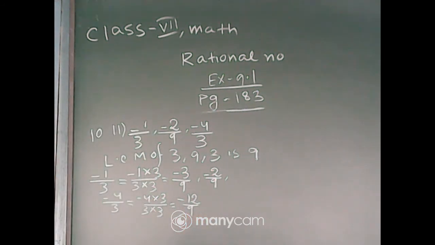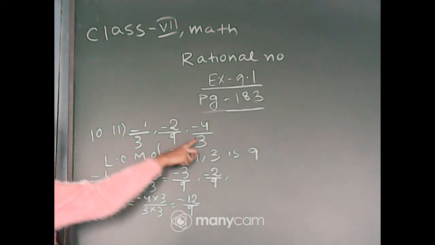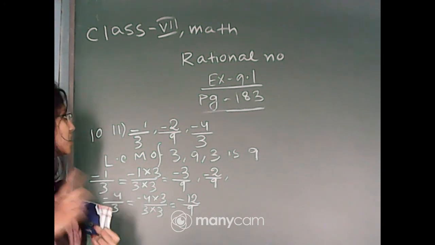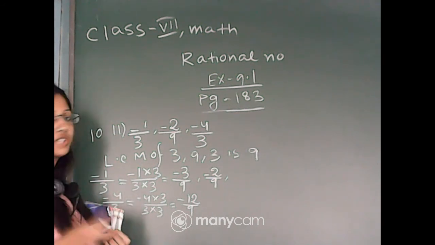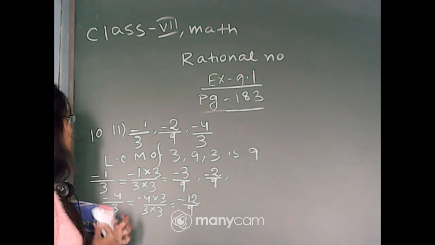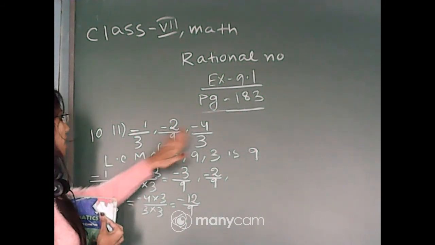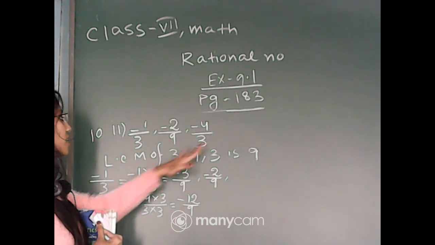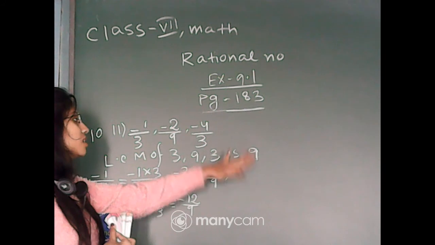Again I repeat, we have to write these rational numbers in ascending order. For this we first find their equivalent rational numbers which have the same denominator, and the same denominator is given by the LCM of 3, 9 and 3. Now, LCM of 3, 9 and 3 is 9.